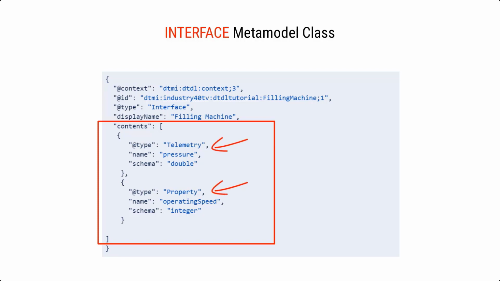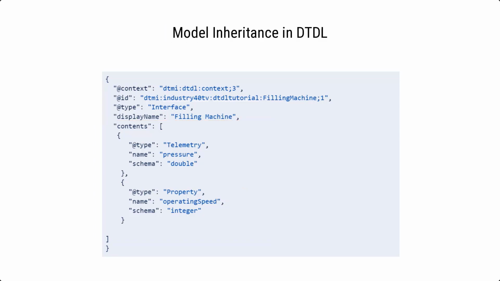Now, suppose you have a special kind of filling machine that has, say, a temperature telemetry element in addition to the pressure and operating speed elements. To express specialization, DTDL supports inheritance, whereby interfaces can inherit from one or more other interfaces.